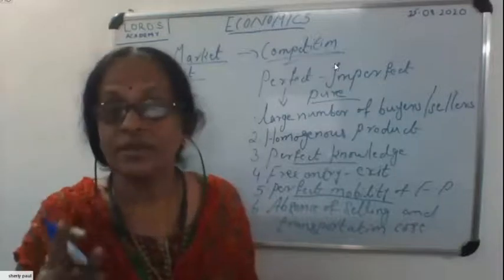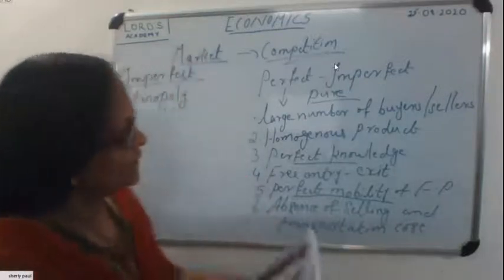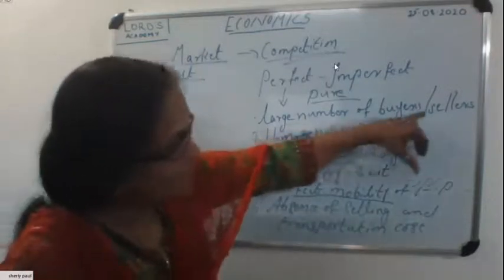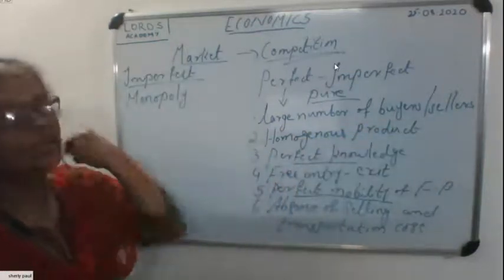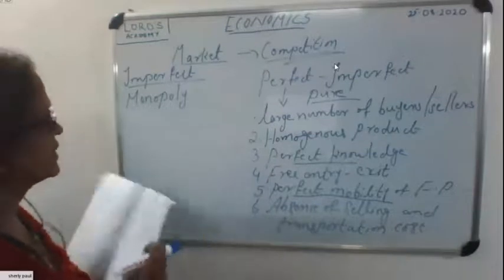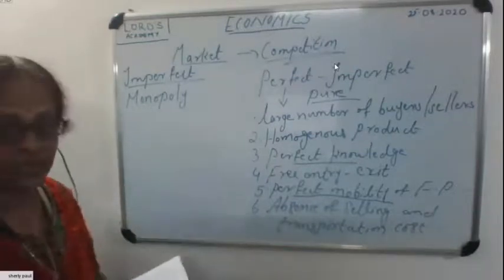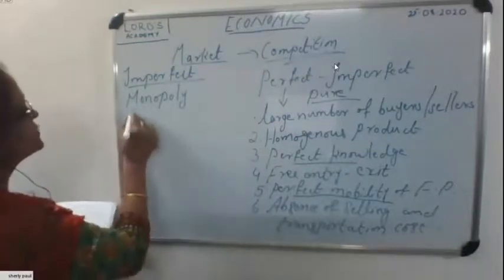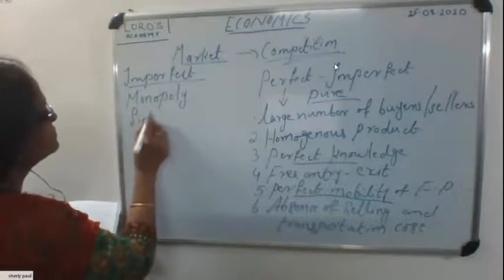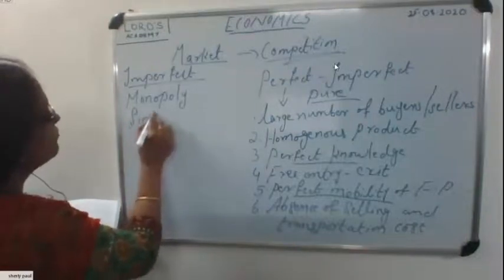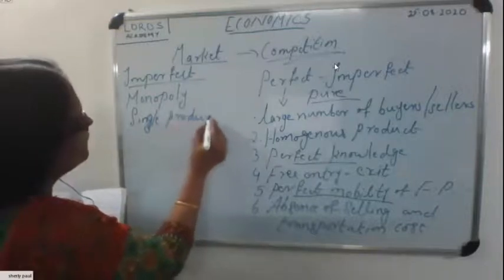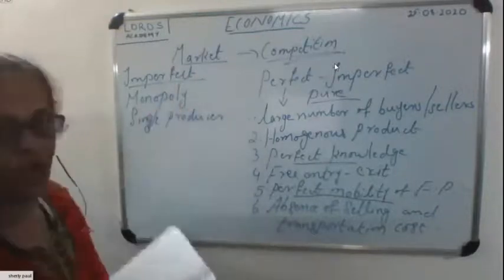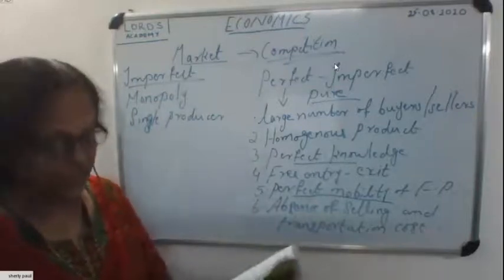In perfect competition there are a large number of buyers and sellers, sellers meaning producers, but here only a single producer. Mono means single. Only one person to produce the thing.